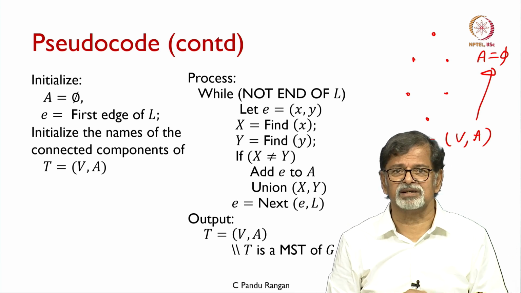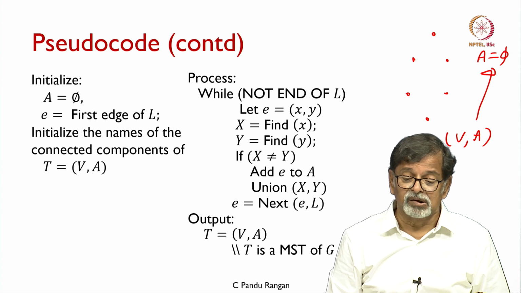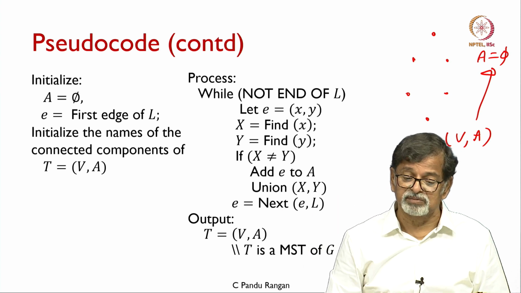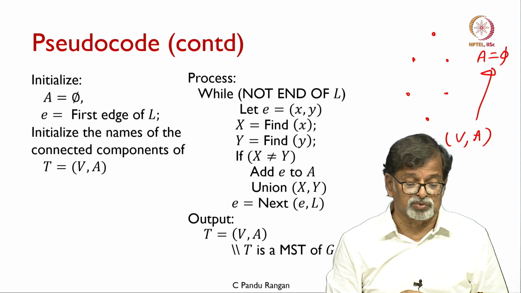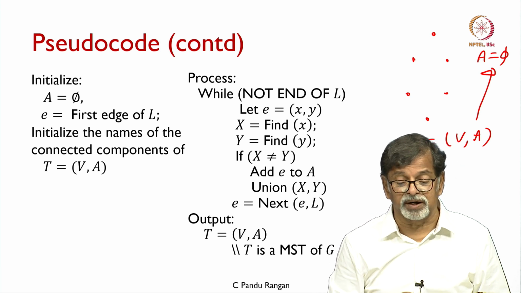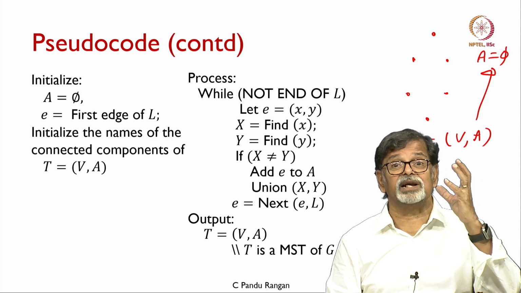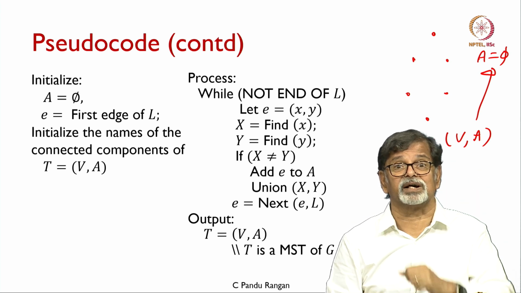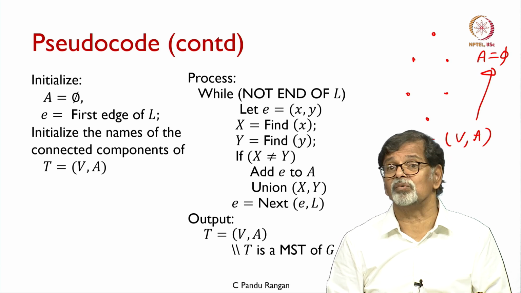This is the initialization. How does the algorithm work? While not end of L, we examine each edge. Let E equal xy, x equal find(x), y equal find(y). That means x is the name of the connected component containing x, and y is the name of the connected component containing y.